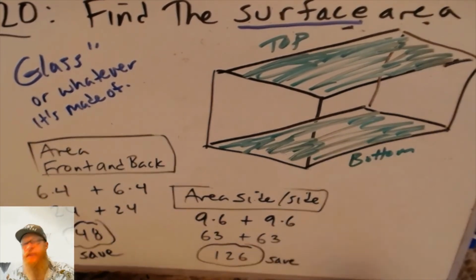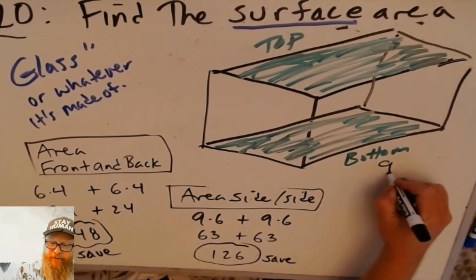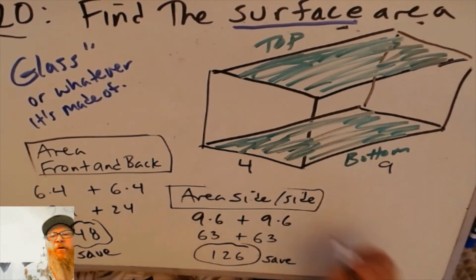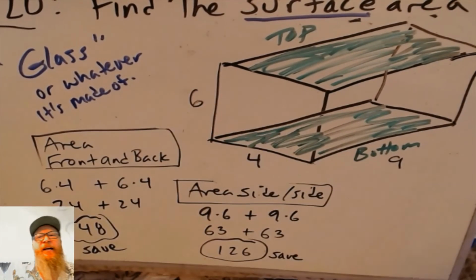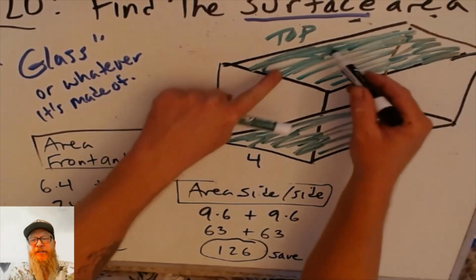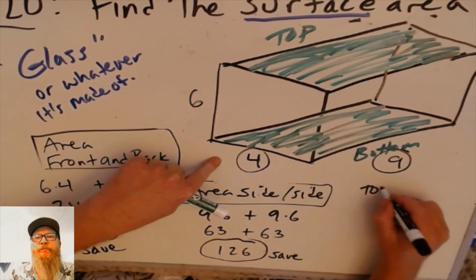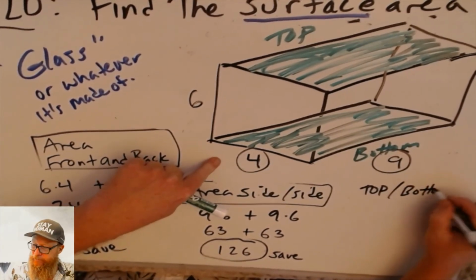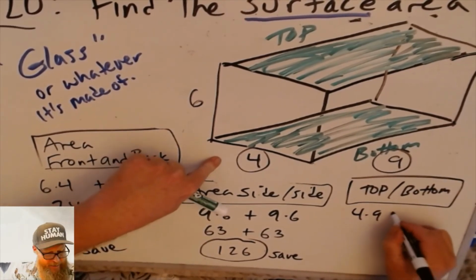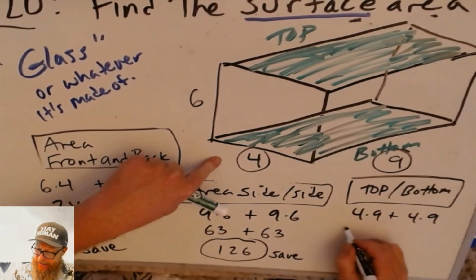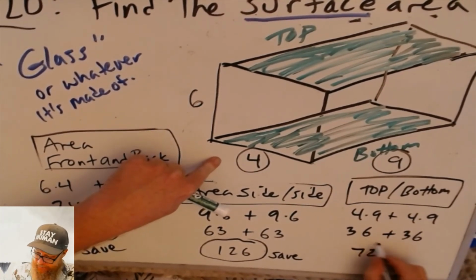All right. So what was this? This was 9. Yeah, and then this was 4, right? It was 9, 4, 6, right? So if we're doing top and bottom, it's just going to be 9 and 4. So it'll be 4 times 9 plus 4 times 9, 36 plus 36, which is 72.